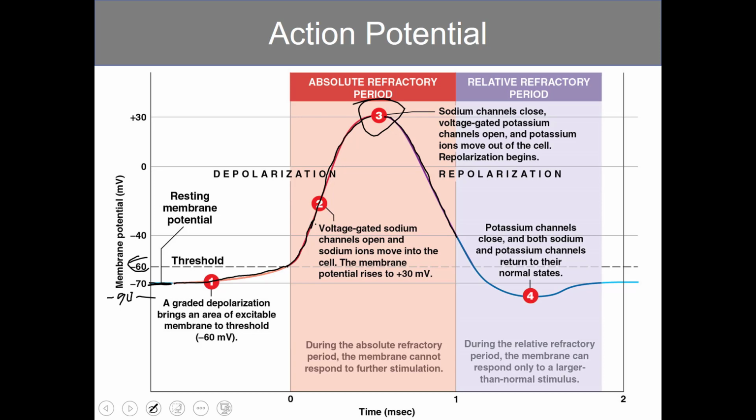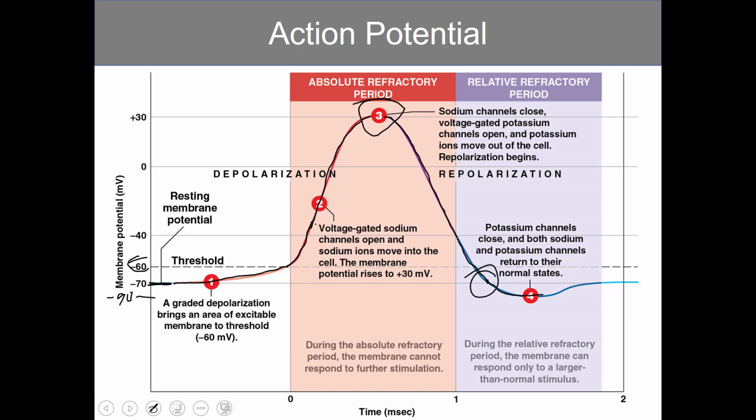So, relative refractory period. As the cell continues to repolarize, it's going to continue to move down at about negative 70. Something special happens there. The voltage-gated potassium channels start to close, but that door is really slow at closing, so more and more potassium leaks out, and you get to a hyperpolarized state down to about negative 90.